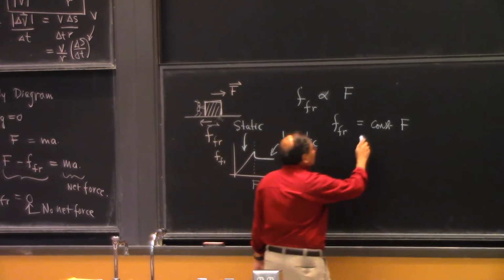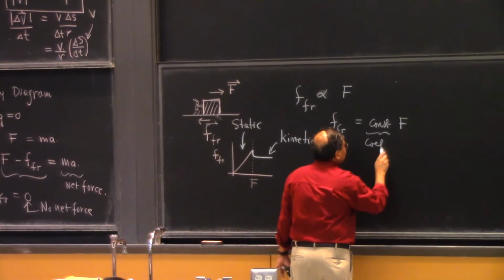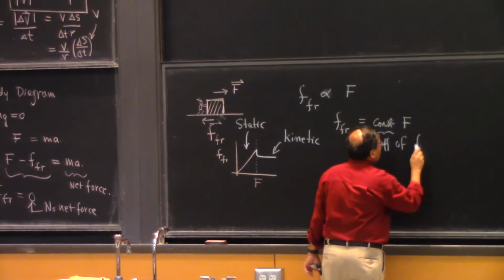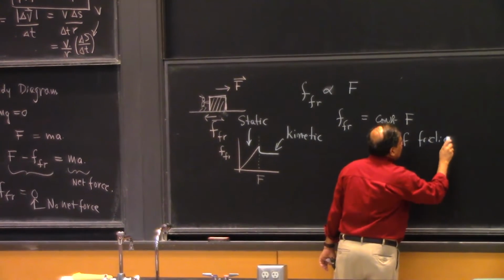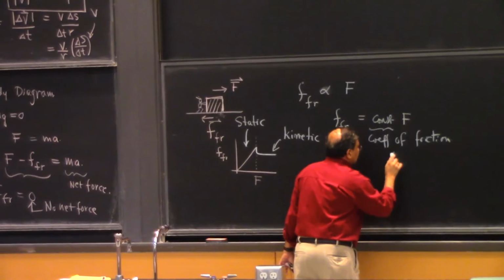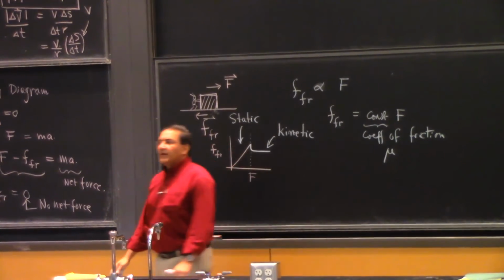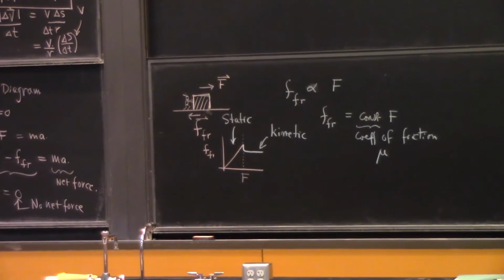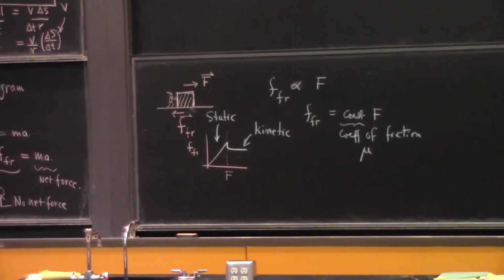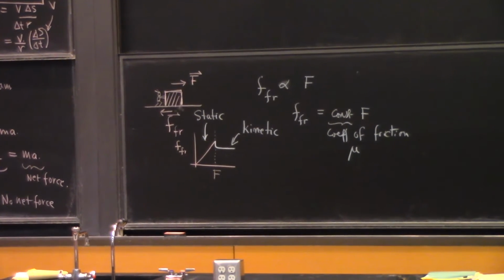So this constant is called the coefficient of friction. And it is typically denoted by the symbol mu. That is always used for friction.